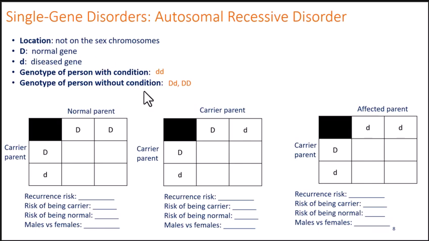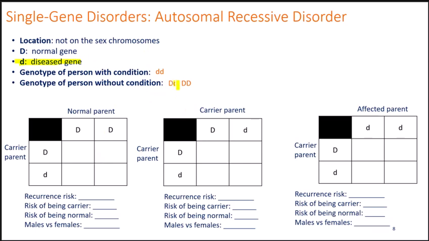So the genotype without the condition would be in either of these situations where you either have the uppercase D, which is the normal gene, and then you have the disease gene. Let's say this is representing sickle cell anemia as our example. I had it listed as S on a previous slide, but the letters don't really mean anything.